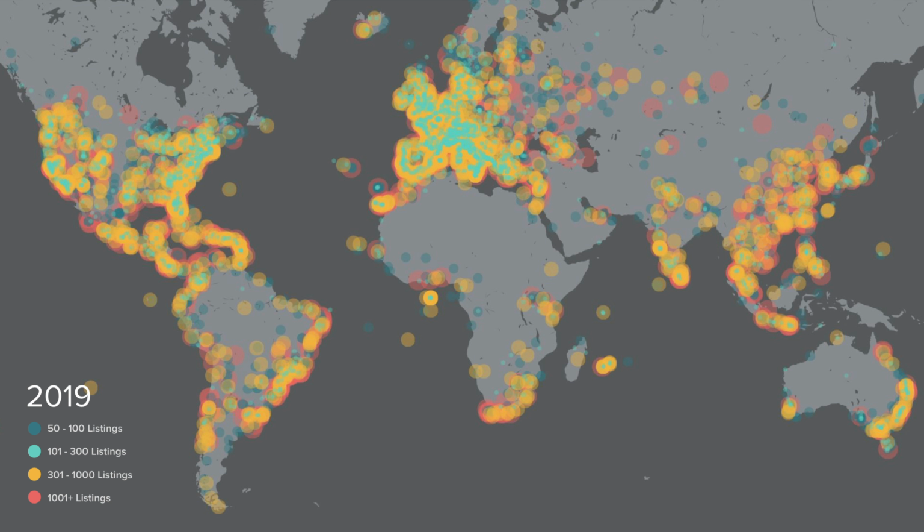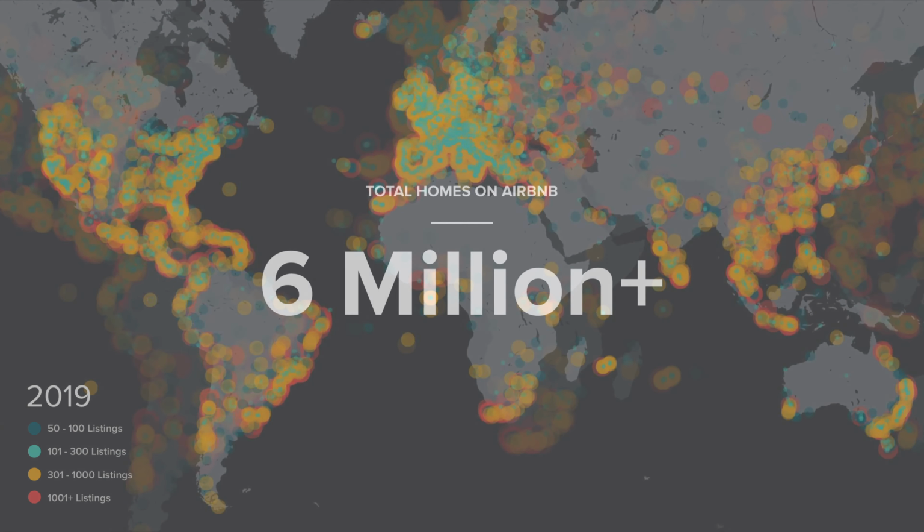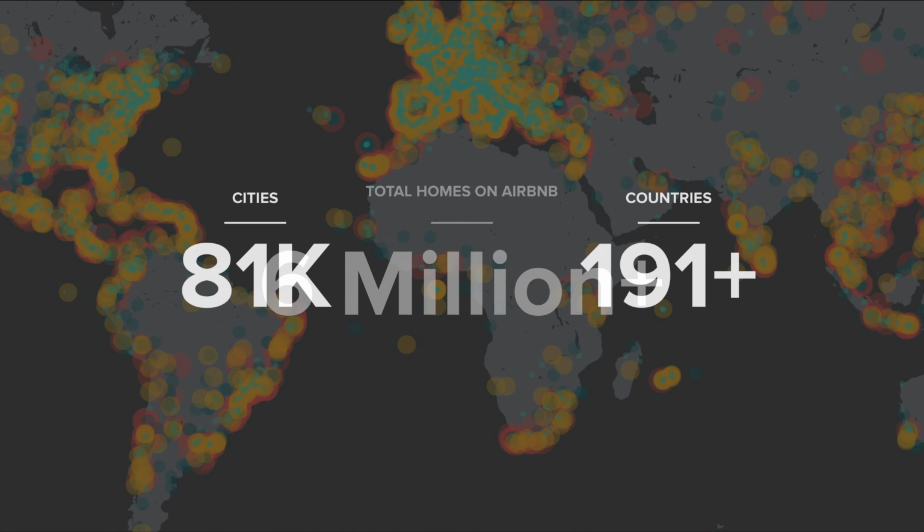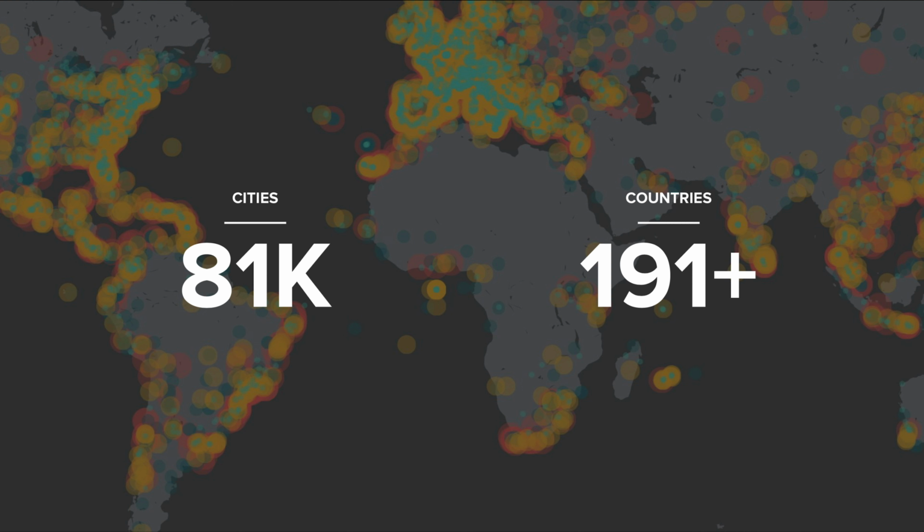Some of you might be staying at an Airbnb, I don't know. And there are millions of listings, and millions of guests every night staying in an Airbnb. There are 6 million homes on Airbnb in 81,000 cities and 191 countries. So practically every country in the world, you will find an Airbnb somewhere.